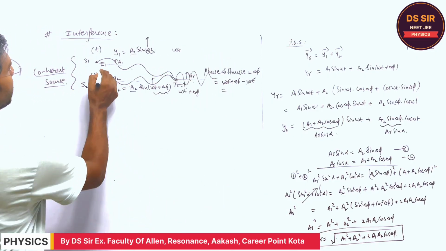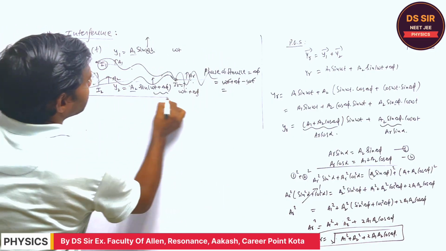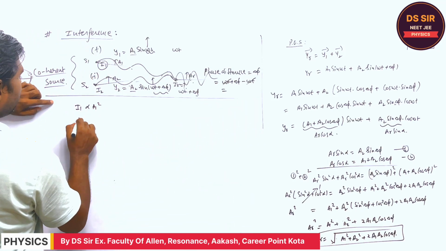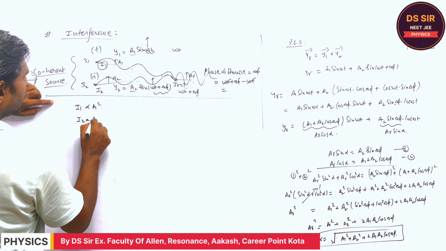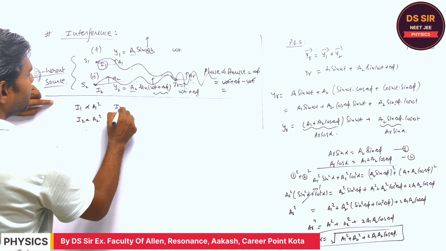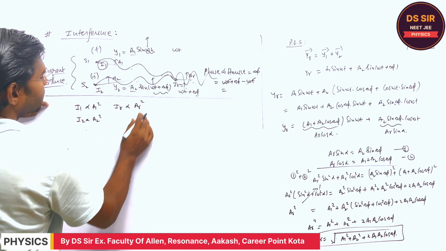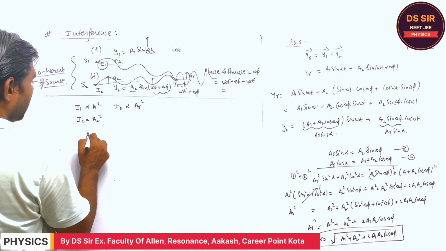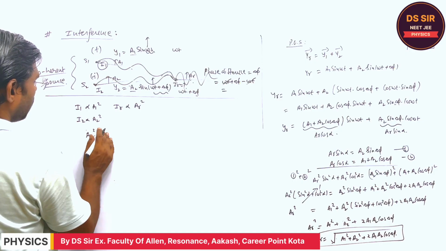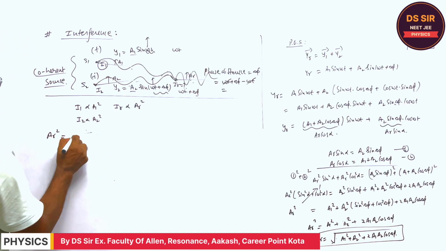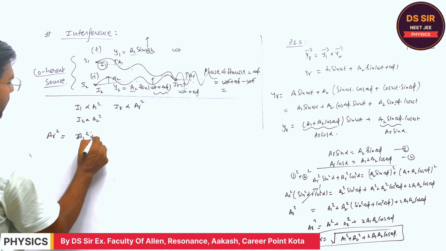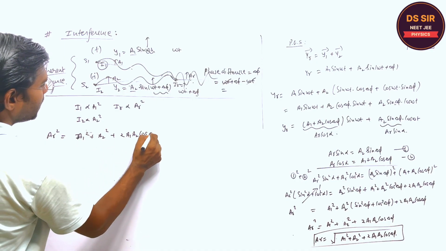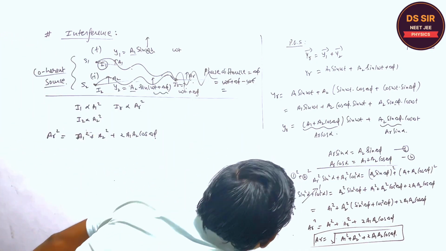Listen one more thing. The intensity I1 is proportional to A1 square, I2 is proportional to A2 square, and the resultant intensity is proportional to the resultant amplitude square. So from this, AR square is equal to what? AR square equals A1 square plus A2 square plus 2A1 A2 cos delta phi. Is it clear or not?